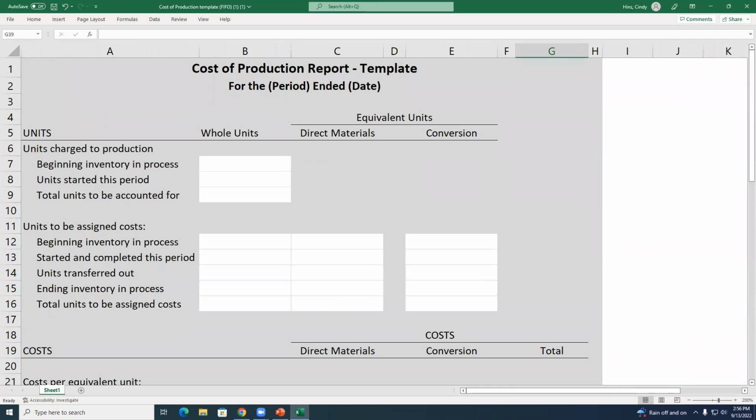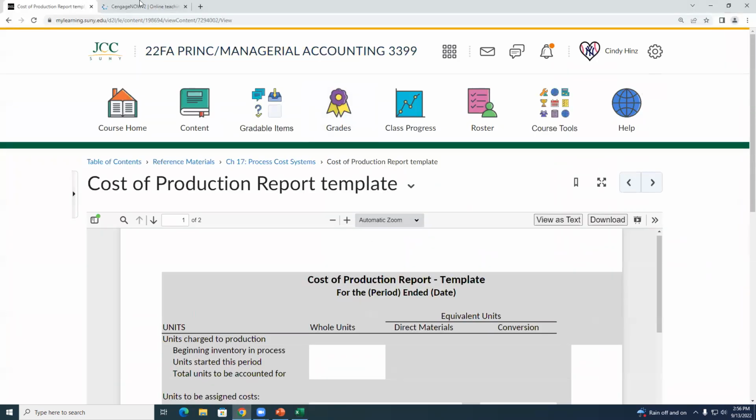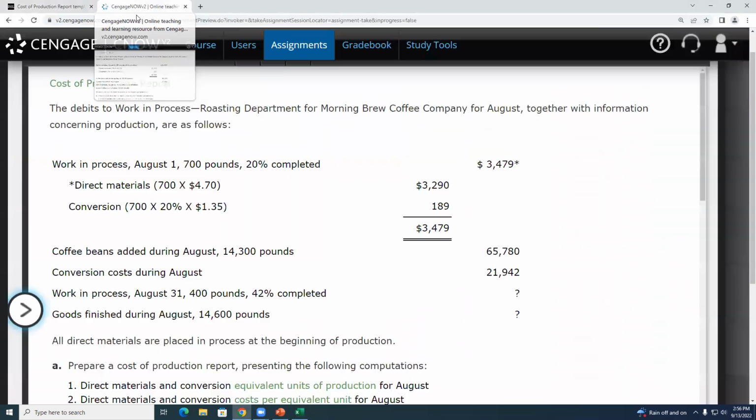If you want to use the template, you may want to open a clean copy of it. The template is not locked, so even though I have grayed out the spots that you aren't intended to change, you can't just erase without doing it cell by cell or section by section. So let's go on to exercise 7.